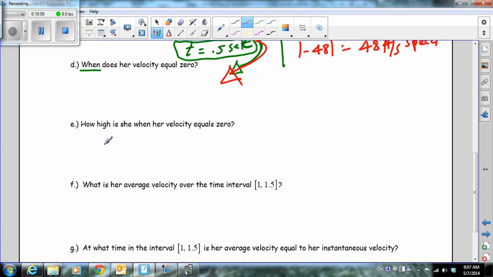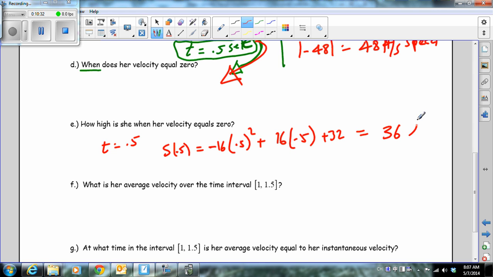I would just go ahead and plug in that t equals 0.5 on my s equation, meaning s of 0.5 is equal to negative 16 times 0.5 squared plus 16 times 0.5 plus 32, which is equal to 36 feet.